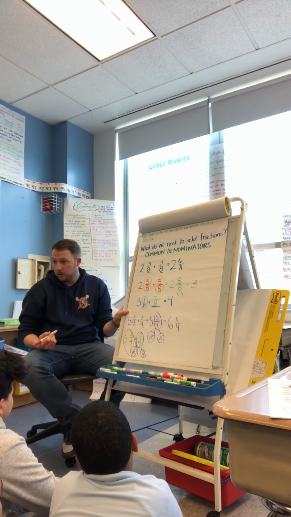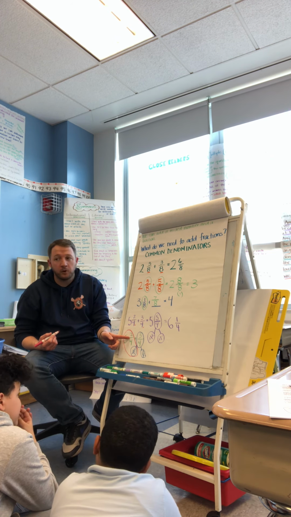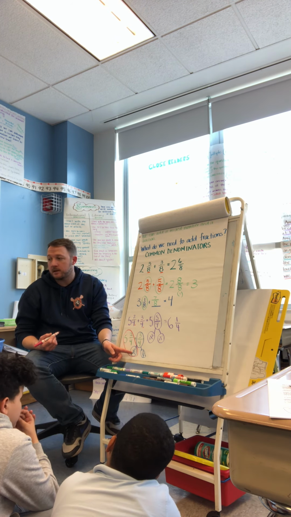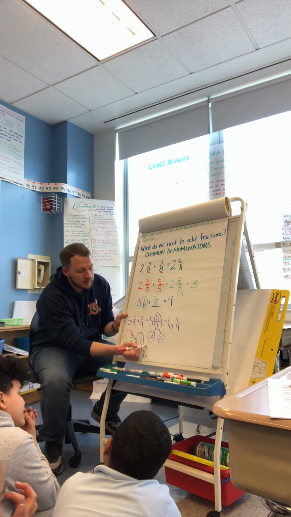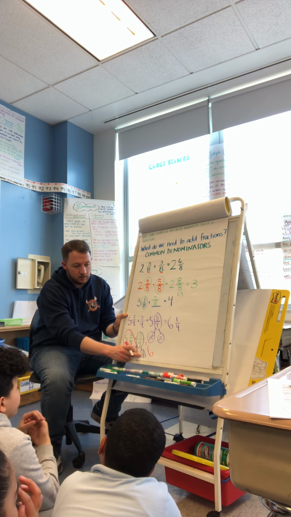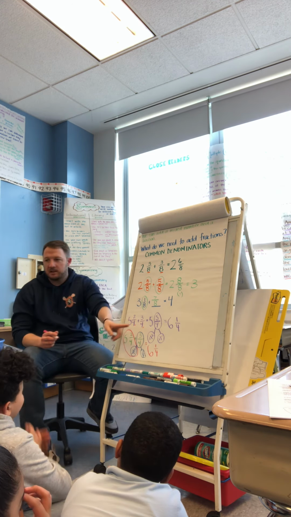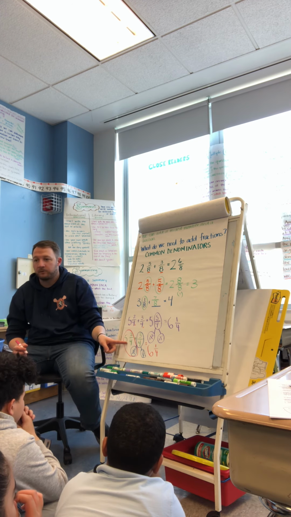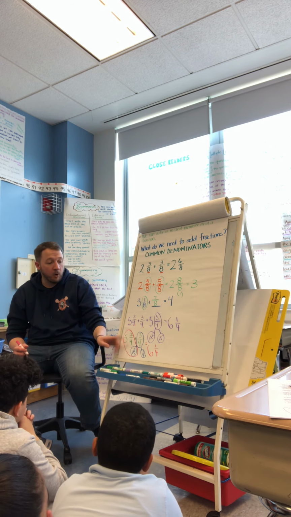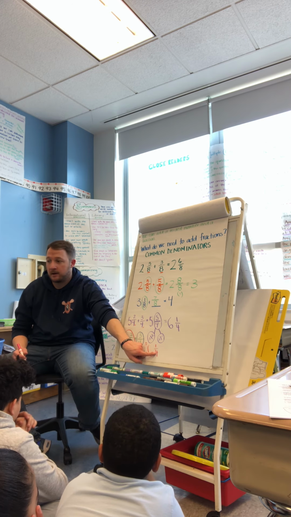A whole. Listen carefully. 5 and 2/4 and 2 more fourths is 6. And then what's left over? 1/4.